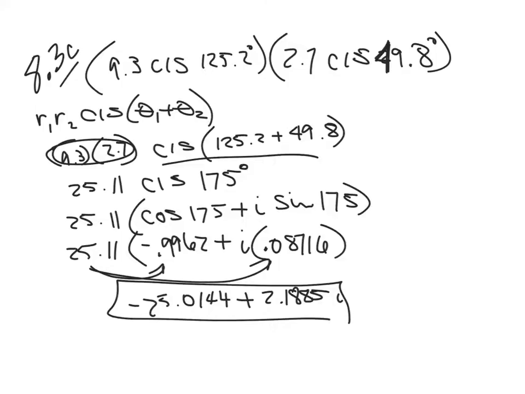Alright, let's do the second one that they have here, which is a division problem. 10.42, and we've got cosine, and they're giving it to us in radians.